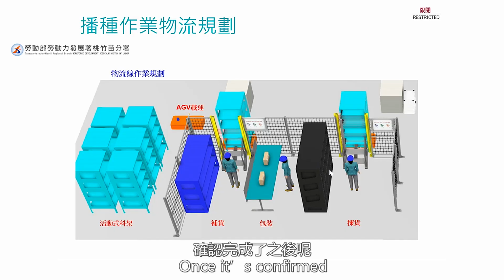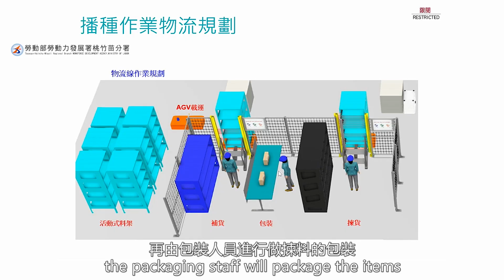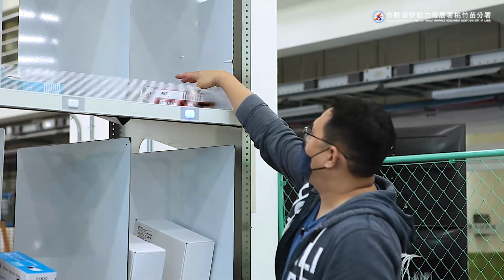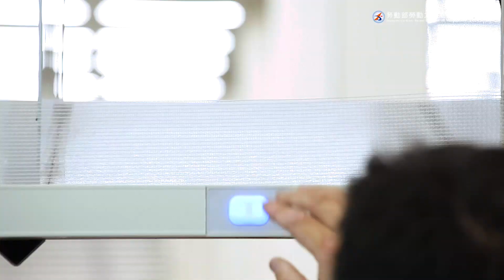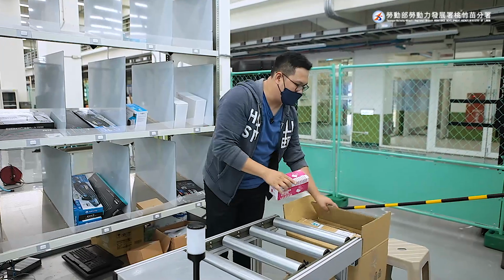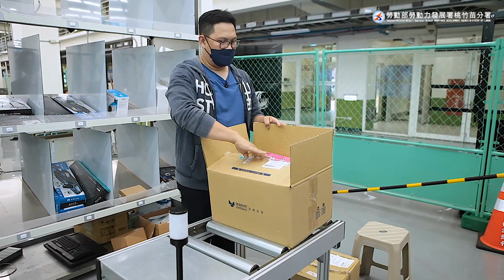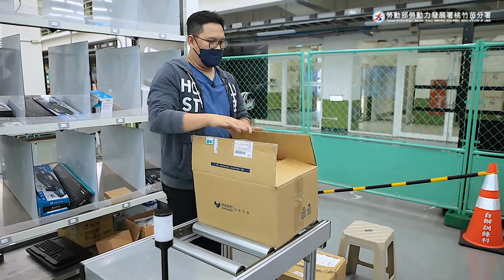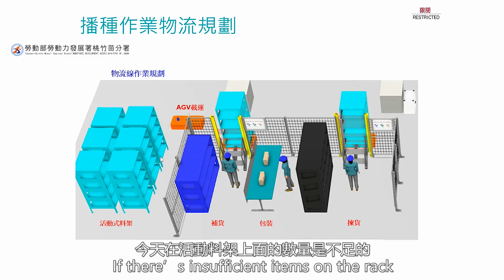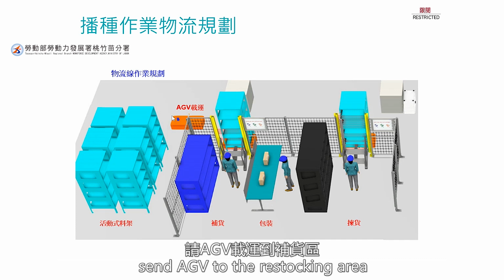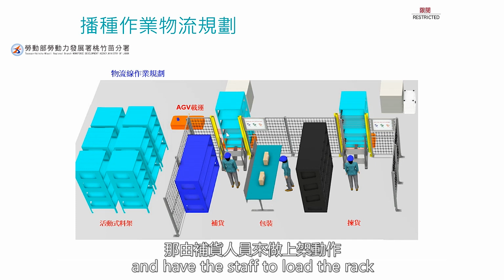Once it's confirmed, the packaging staff will package the items. If there are insufficient items on the rack, the system will automatically send the AGV to the restocking area and have the staff load the rack.